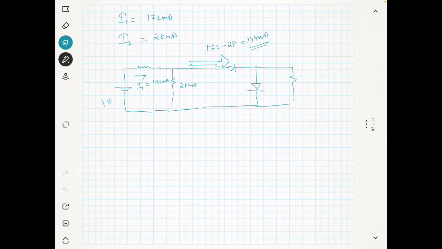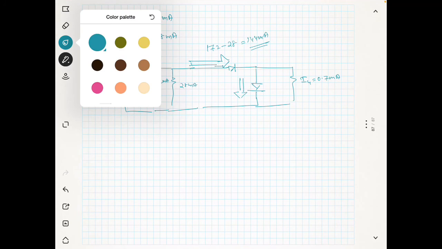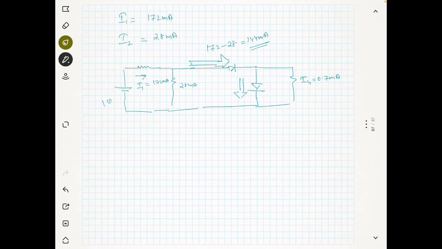So through the resistance I4 is nothing but 0.7 milliampere. So what will be the current through the diode? This current is 144 milliampere minus 0.7 milliampere.